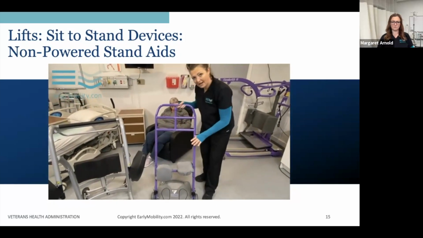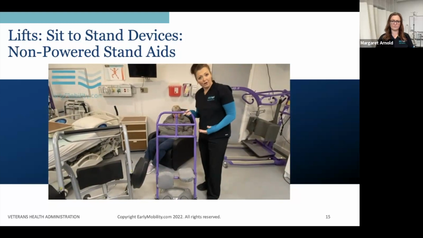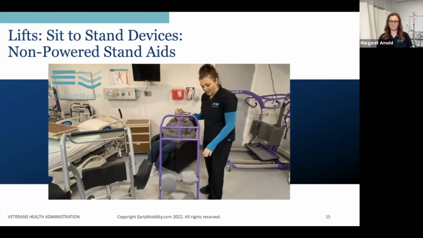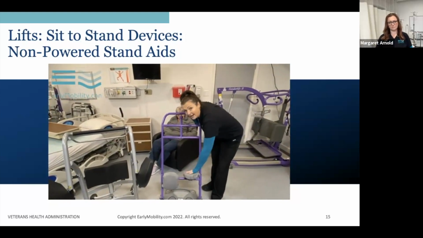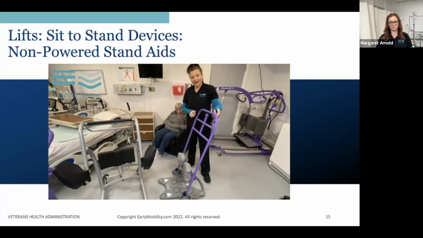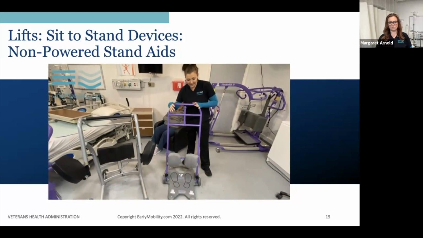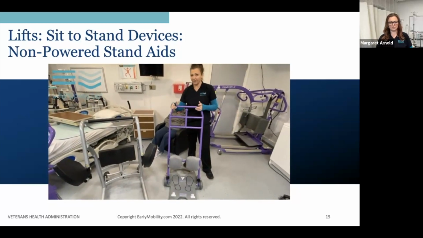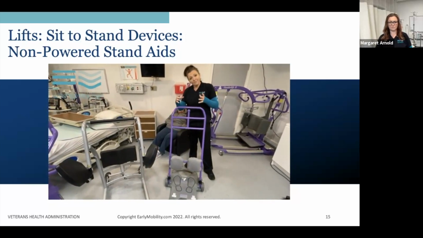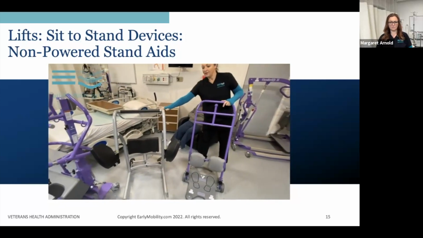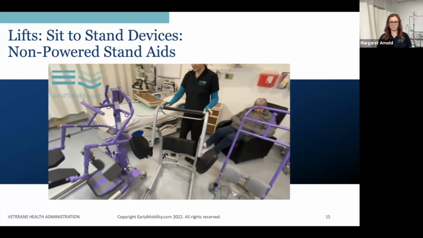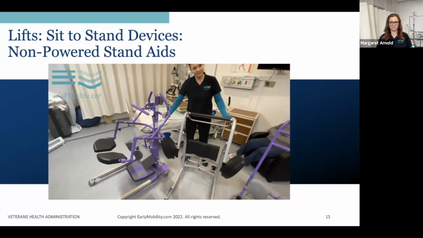So if you have a patient that has non-weight bearing on one leg, they can actually put their leg on here. The radius and the footprint you can see on this device, which is called a van turn or a return, is much smaller than the footprint on this one or on this device.